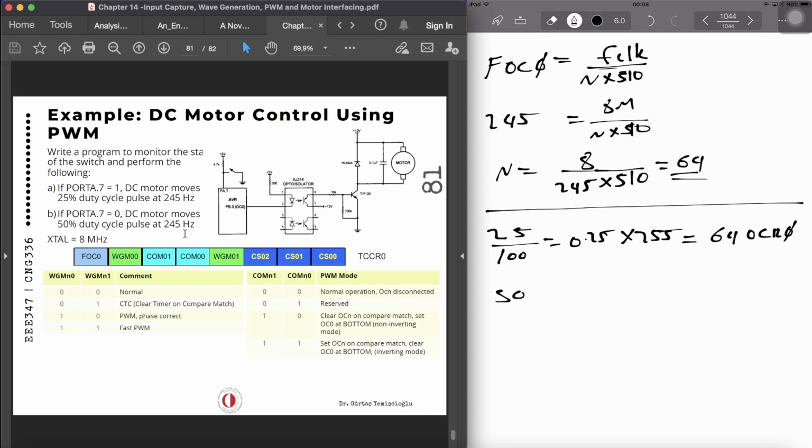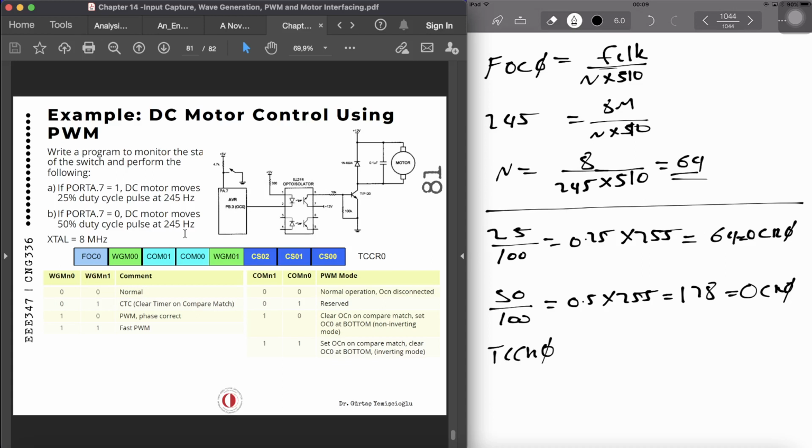And when we have a 50% duty cycle, 0.5 times 255 gives us 128, which equals the OCR0. So we have got the values for OCR and TCCR.